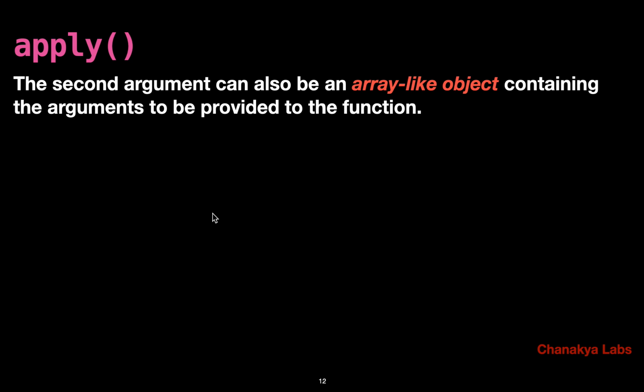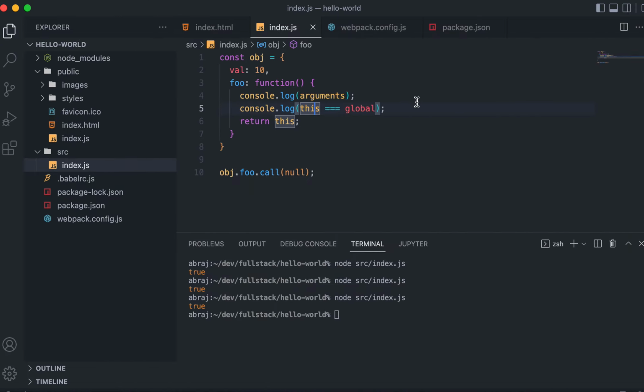So yeah, next we'll see that in case of apply, the second argument should be an array. We know that, right? But apart from that, it can also be an array-like object.